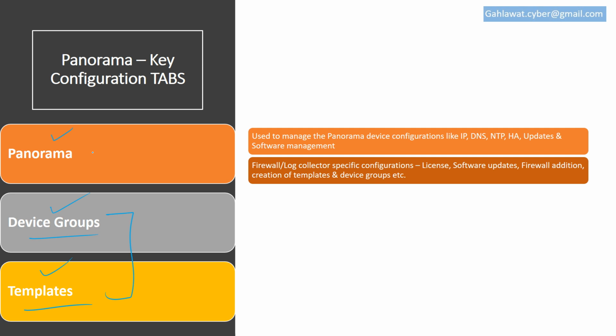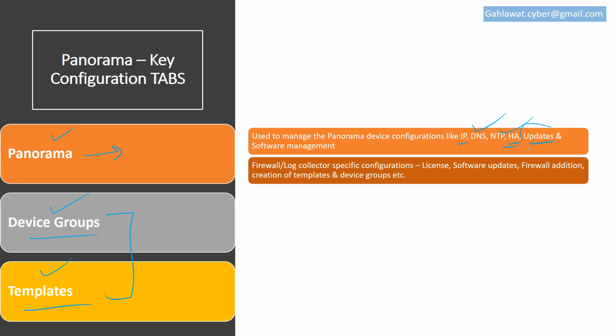The first tab, the Panorama tab, is used to manage the Panorama device configuration, like the IP address of the Panorama management interface or any other interface on Panorama, the DNS servers which the Panorama will use, the NTP server, or if you are configuring Panorama in high availability, those settings, and downloading the updates for the Panorama or the managed devices like the firewalls.